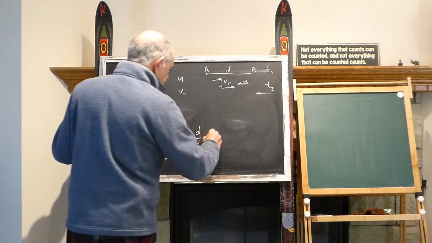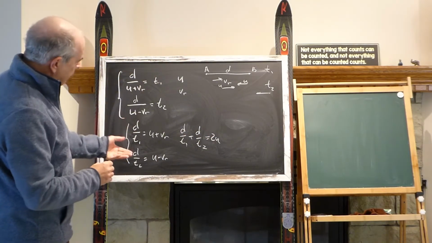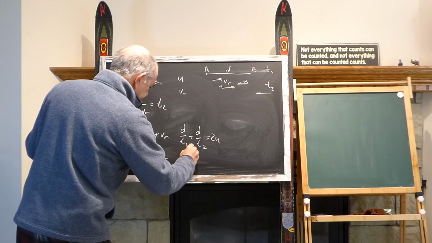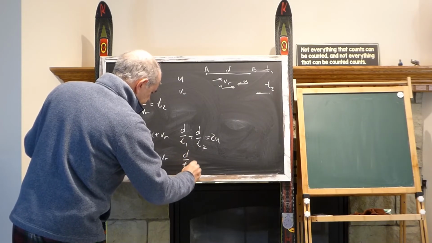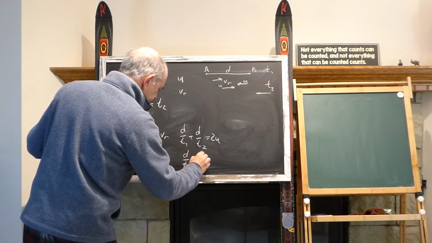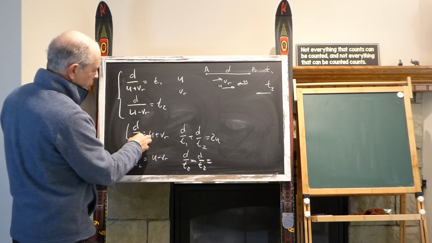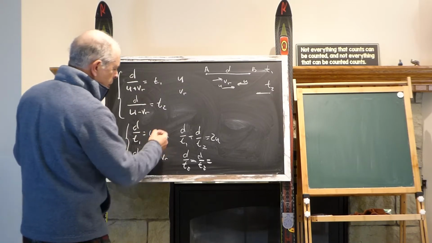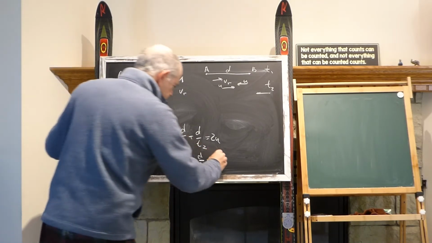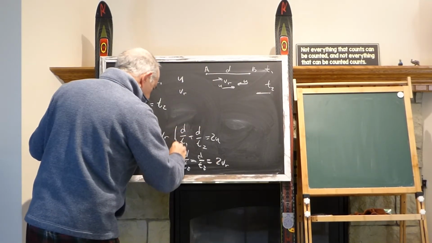VR will be gone, it would be 2U. And let's then do the same thing, but when we subtract D over T1 minus D over T2 equals, now subtract this, U will be gone, and VR minus minus VR, sign changes, and it would be 2VR, and we have two equations.